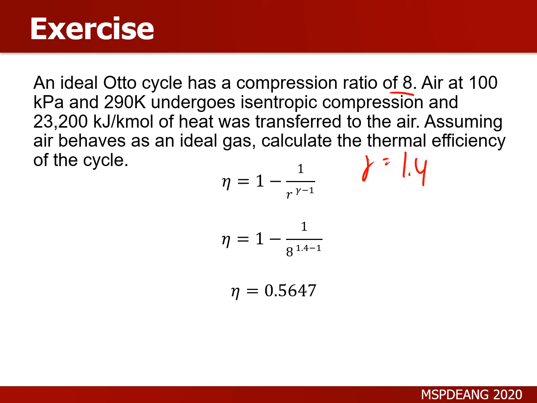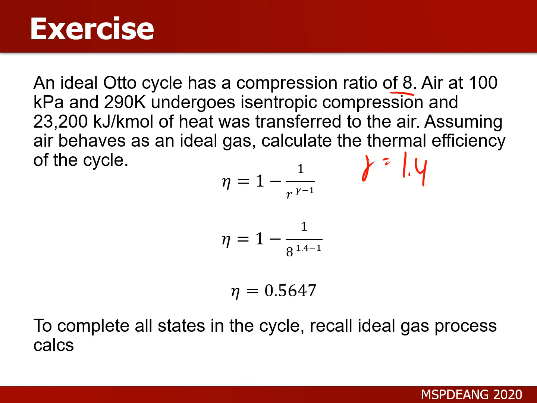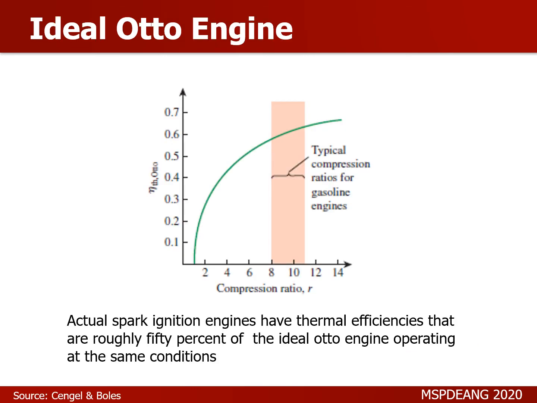In order to fully know all the details of our cycle, just recall your ideal gas process calculations. We won't be going over the process calculations for each step because we already did that in the first part of this course, for your energy balance for closed systems. Typically, compression ratios for gasoline engines are in the range of 8 to 11.